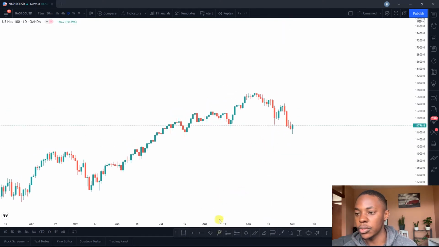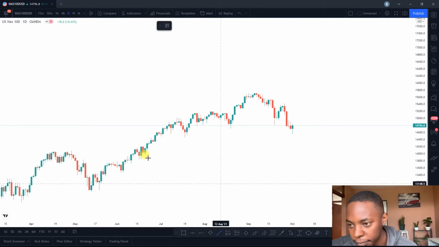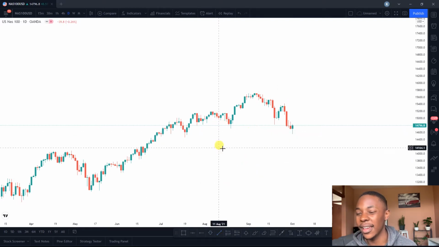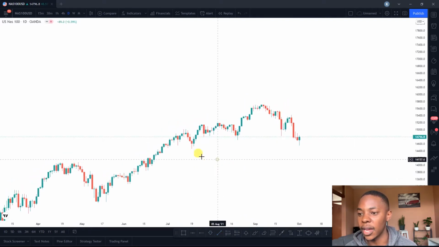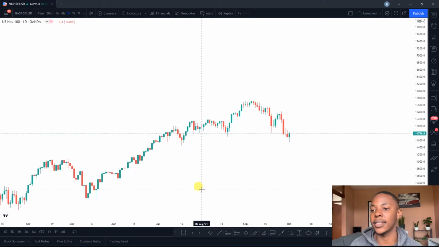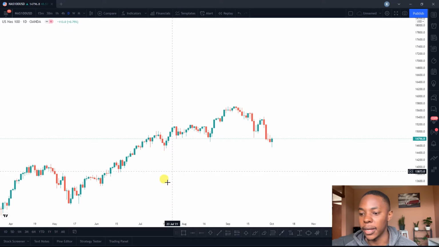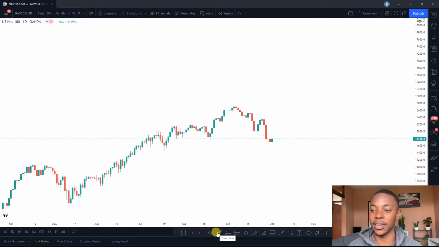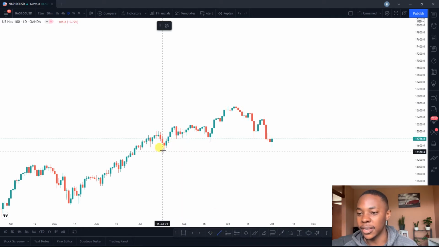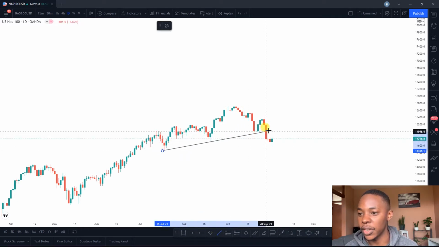But we're able to spot a few setups here and there. Yeah, so how I'll attack Nas is that, to me it's automatic. As soon as I look at the market, as soon as I look at the charts, I just see everything. So as you can see, Nas has been creating these lower lows.